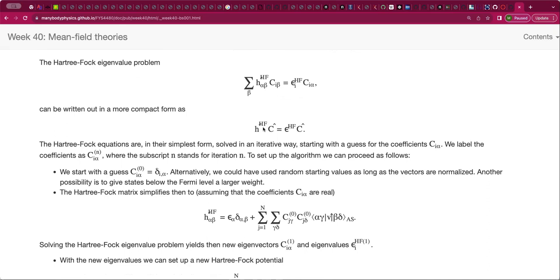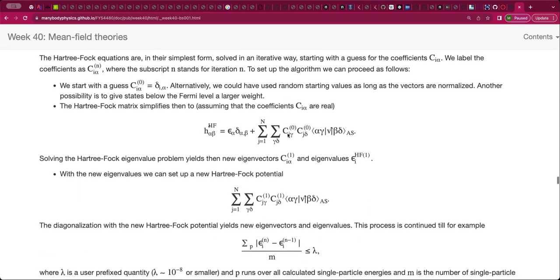Diagonalizing it gives you new coefficients C and a new energy. Then you use these new coefficients to recalculate this matrix. And then you continue till these energies don't change by a predefined tolerance which you set.